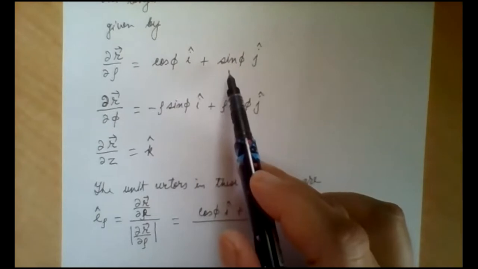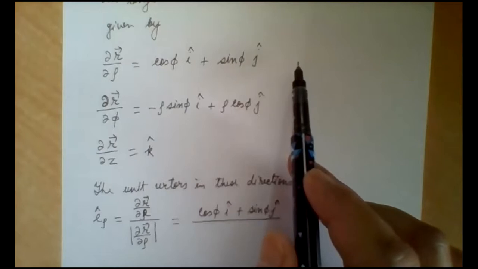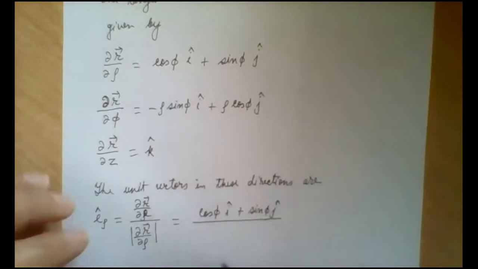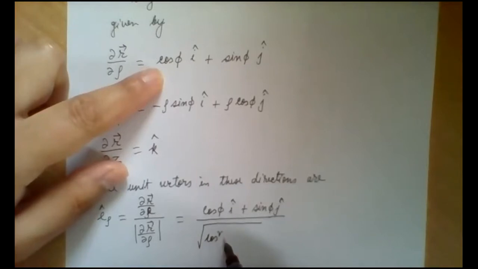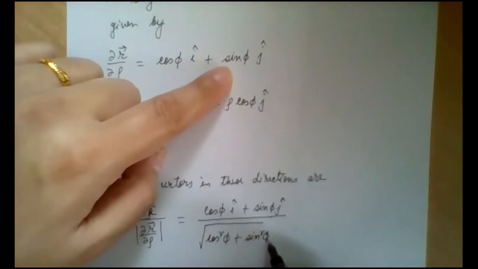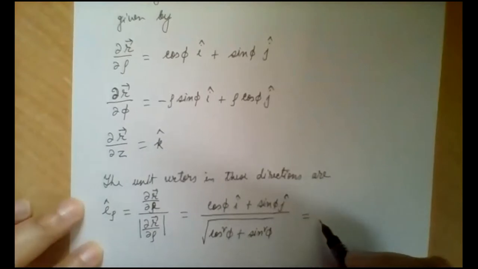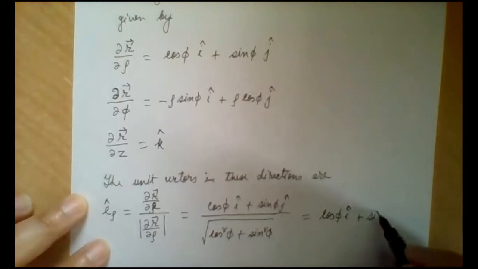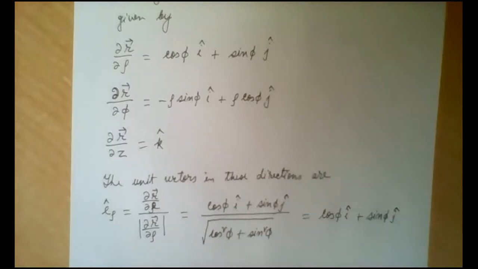The magnitude is the square root of the sum of the squares of the components. So it is the square root of cos square phi plus sin square phi, and cos square phi plus sin square phi is always 1. So E rho is cos phi i hat plus sin phi j hat.